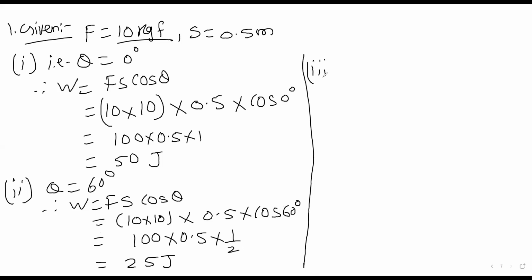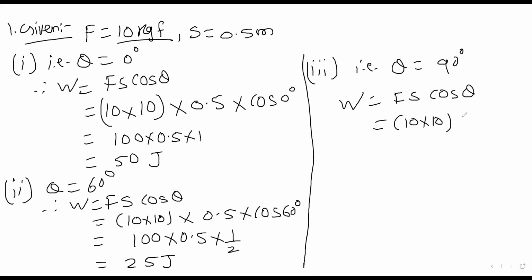And third one, normal, that is theta is equal to 90 degrees. So W is equal to Fs cos theta, that is 10 into 10 into, किंवा तुम्ही आधीच न्यूटन मध्ये कन्वर्ट करून घेतलं तरी चालेल, 100 न्यूटन.